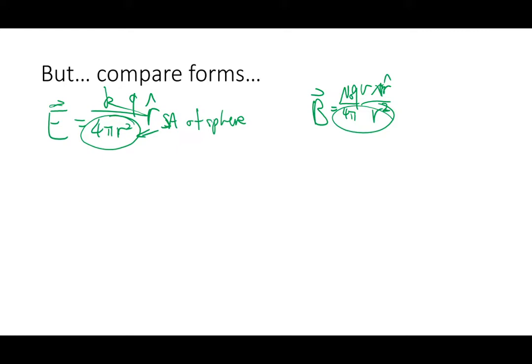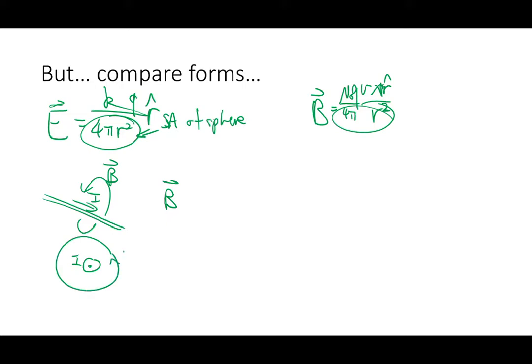So instead, we're going to make use of this other form. If you have a straight wire, then the magnetic field swirls around it, and we'll practice our right-hand rule. The size of this magnetic field is equal to mu naught times I over 2 pi r, r being the distance from the wire to wherever this point is.